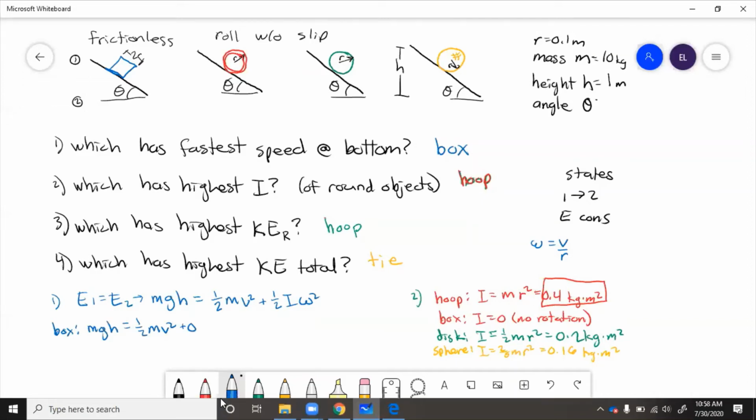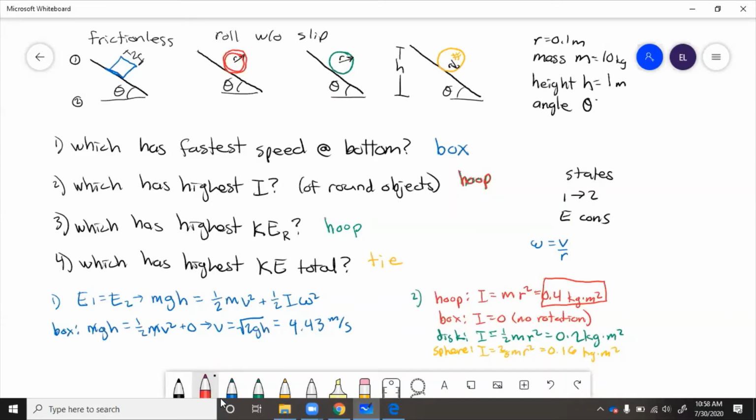So it's just got the 1/2 mv squared. So then these cancel. v equals square root of 2gh, which equals 4.43 meters per second.